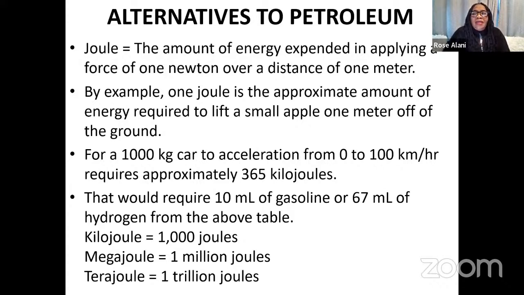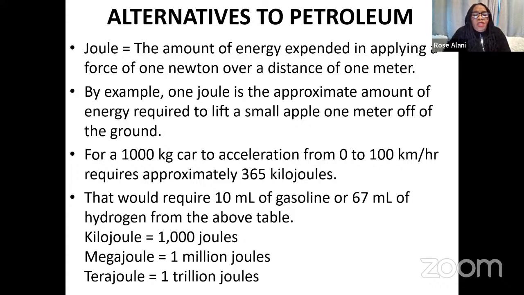A car with a weight of 1,000 kilograms accelerating from 0 to 100 kilometers per hour requires approximately 365 kilojoules. That will require 10 milliliters of gasoline or 65 milliliters of hydrogen from the table that I showed you.